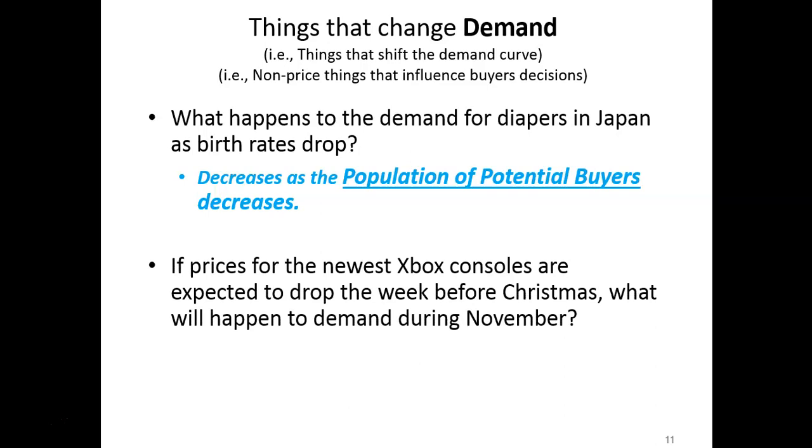All right. If the price of the newest Xbox console, by the way, these specific things that change demand, these slides are for my macro classes and my microeconomic classes. If you're taking micro, you need to know these because you'll be tested on these. If you're taking macro, it's more just the concepts.